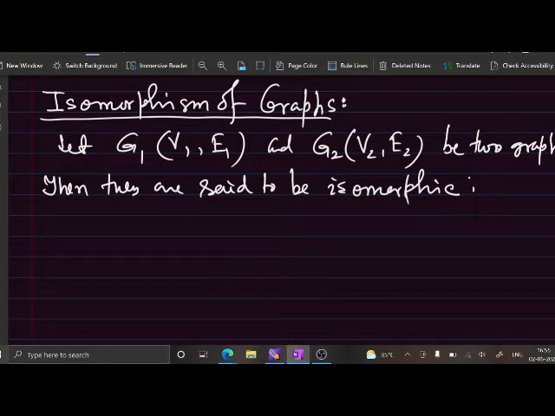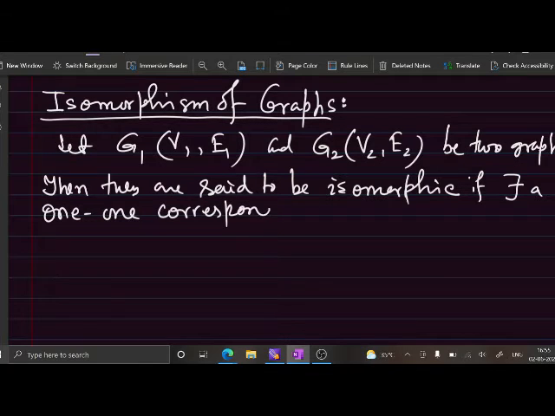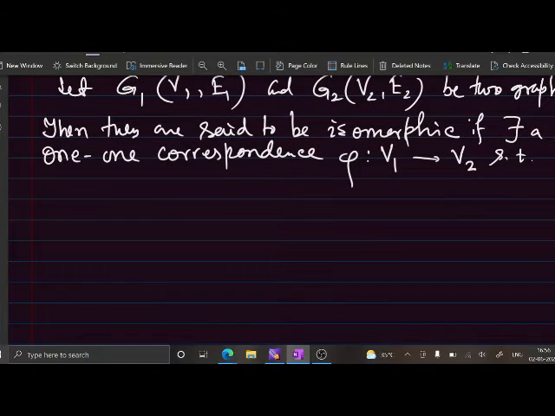They are said to be isomorphic if one can find a 1-1 correspondence phi from the vertex set of the first graph, that is V1, to the vertex set of the second graph, that is V2, such that the map phi will preserve the adjacency of two vertices.